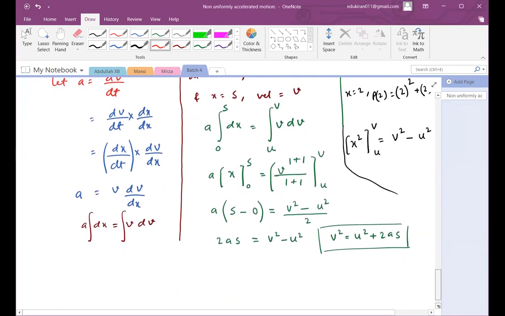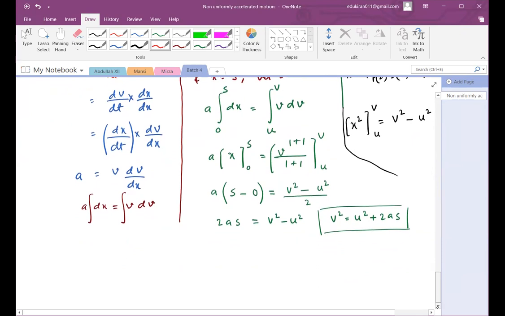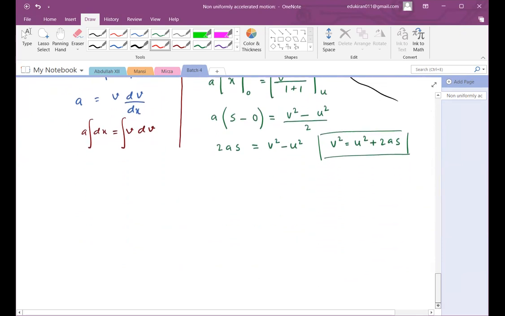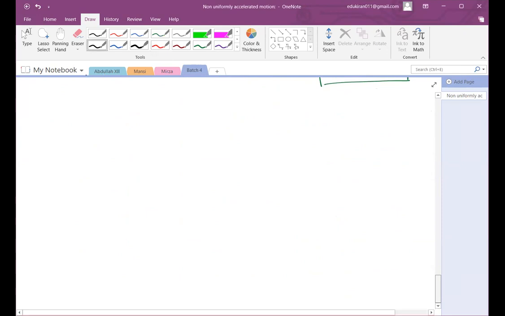So this is all about non-uniformly accelerated motion. Next is graph. I'm defining some concepts related to this whole physics. In physics, we mainly deal with any problem in three different ways. Suppose you have a quantity related by y by x.